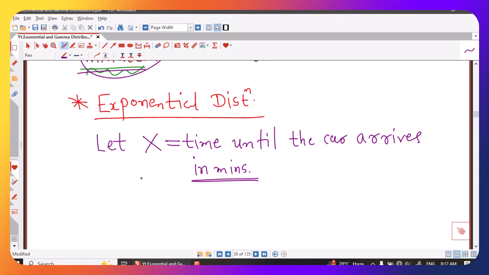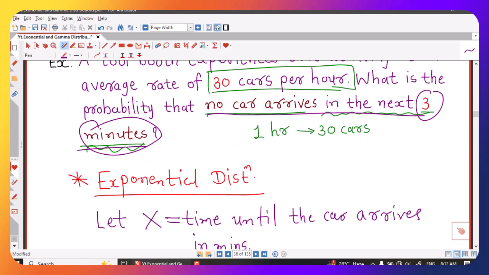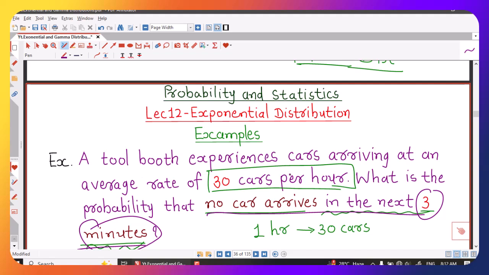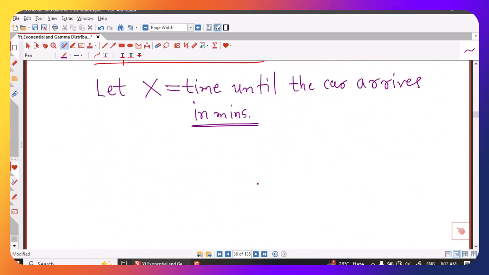So I will require the average number of car arrivals in 1 minute, and I am given that there are on average 30 cars per hour, that is, in 60 minutes the average number of cars arriving is 30. Using this information we first calculate the average number of cars in 1 minute.